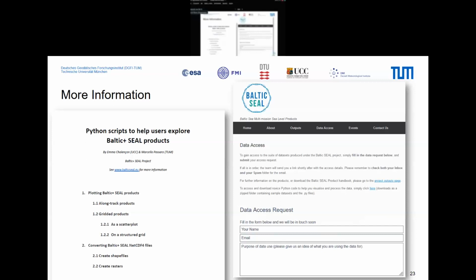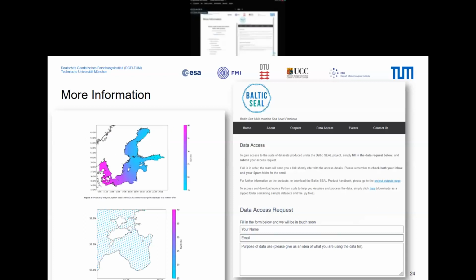So you just give some information and then you can access the gridded product. So it's a monthly product. And we also provide all the along-track files of all the different missions if you want to work on that. And also on the website, you find some useful Python scripts to manipulate the data or plot the data, for example.